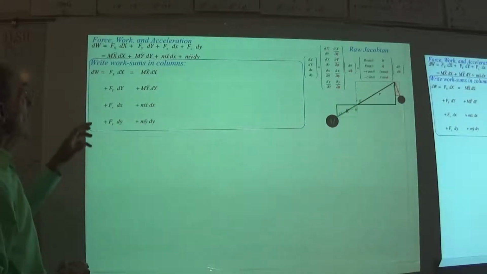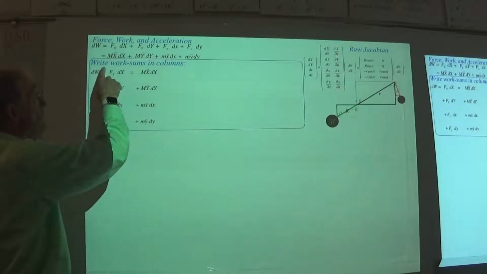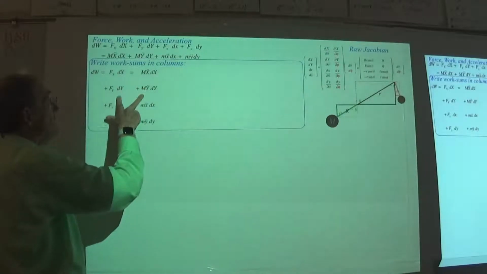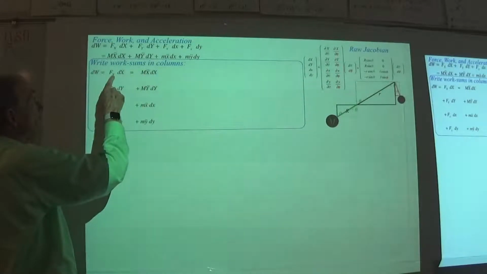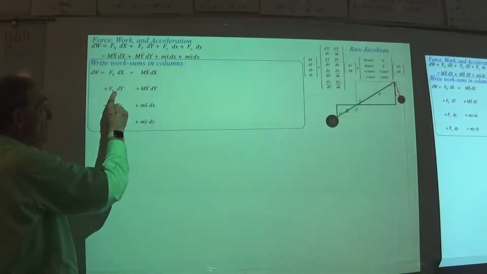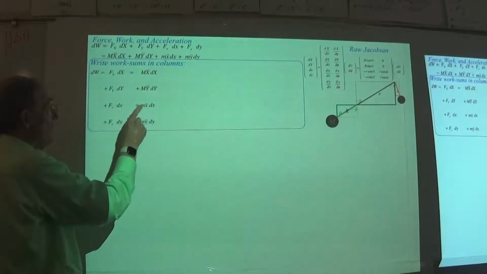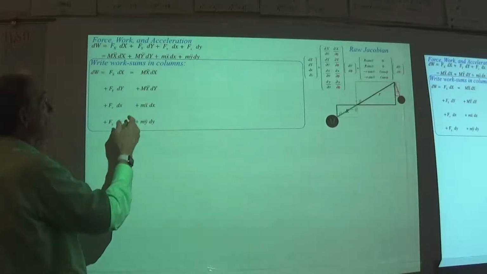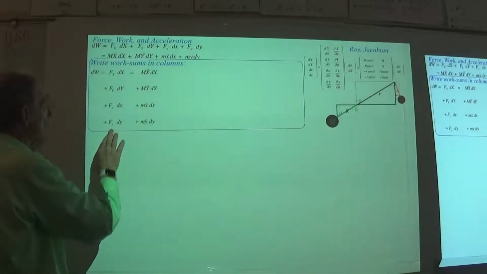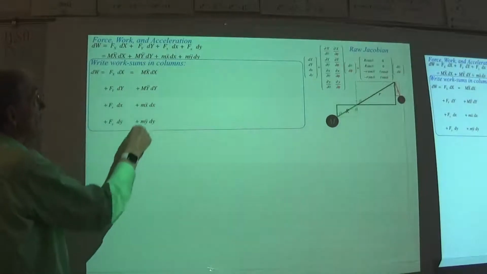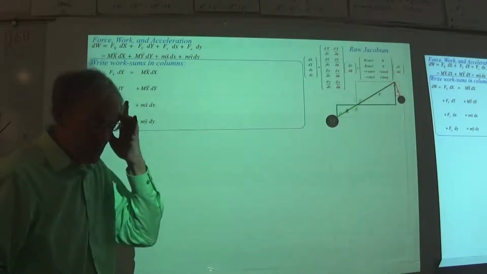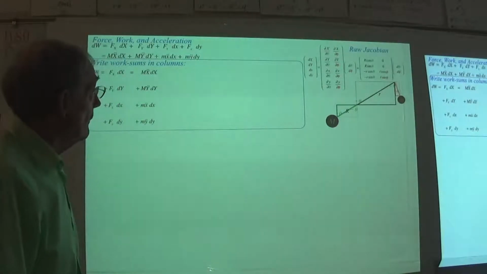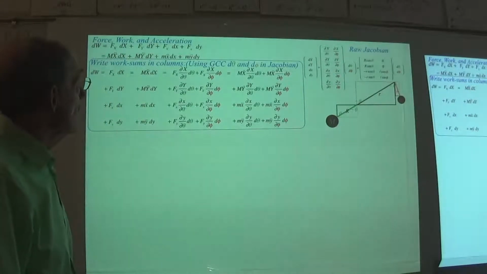So here we start off by writing the work sum as a column. It's this guy right here, then this guy, then this guy, and then this guy. We're going to be summing all this up, and that will be equal to, by Newton's law, that thing. And we're going to turn that into a Lagrange's equation before we get too far along the line here.